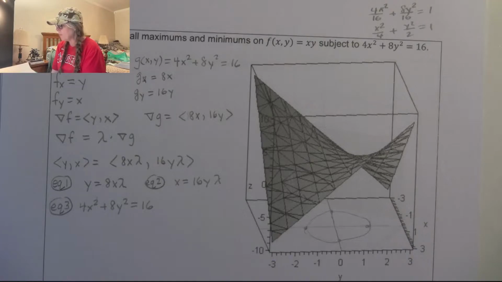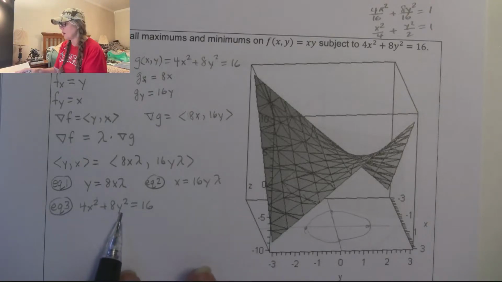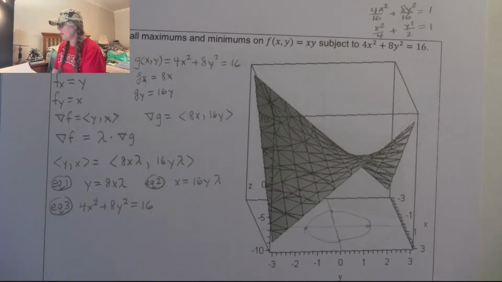So anyway, I'm looking at what would be my best way of trying to solve this. I hope I've given you enough time to think about what would be your first step. This is a nonlinear system because you've got x squared here and y squared there, and your x multiplied by your lambda.